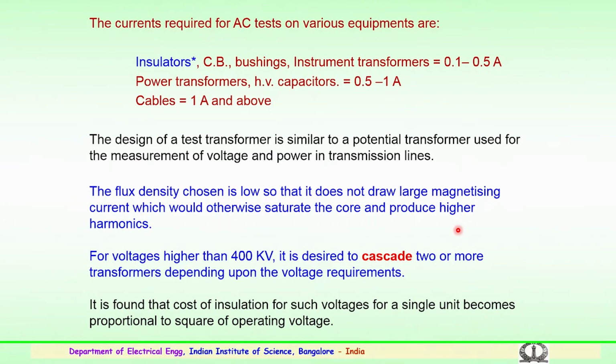It is found that the cost of insulation for very high voltages, in case of a single unit, becomes proportional to the square of the operating voltage. So, at voltage levels of 765, 800 kV or above, the cost of designing the insulation becomes very high. That is one of the reasons for going in for the cascade.